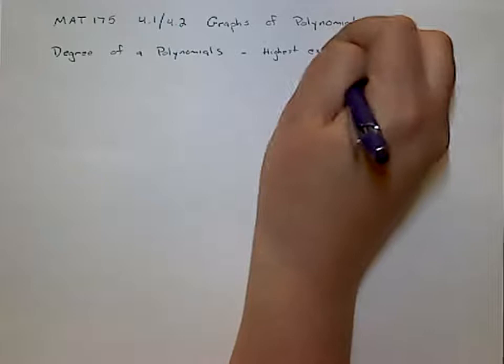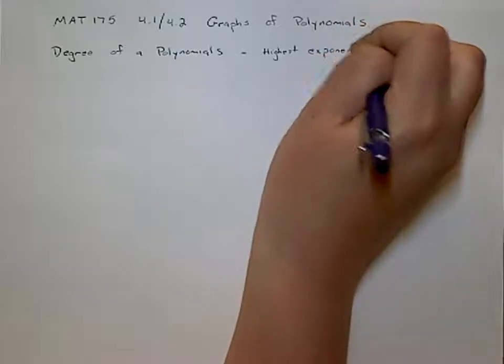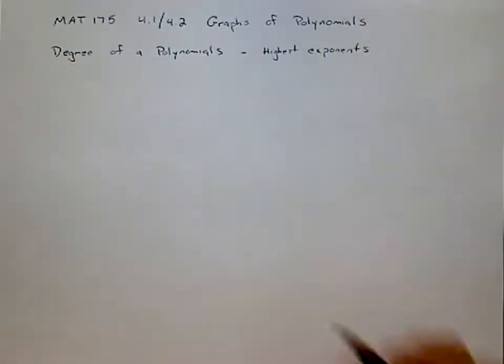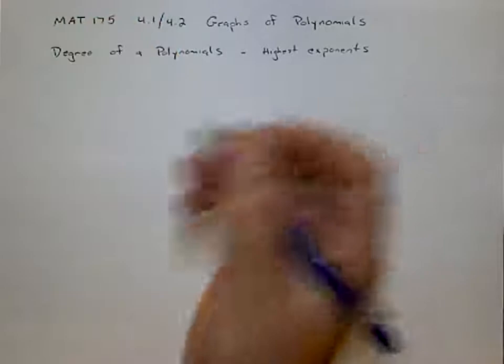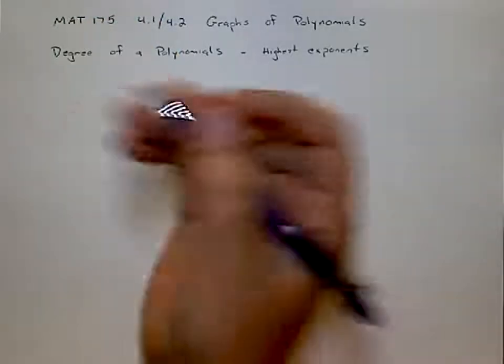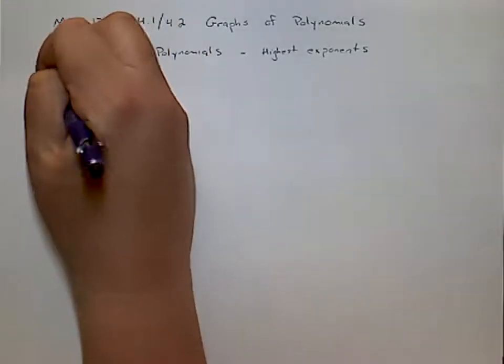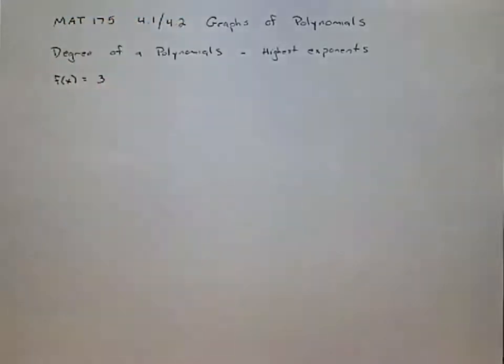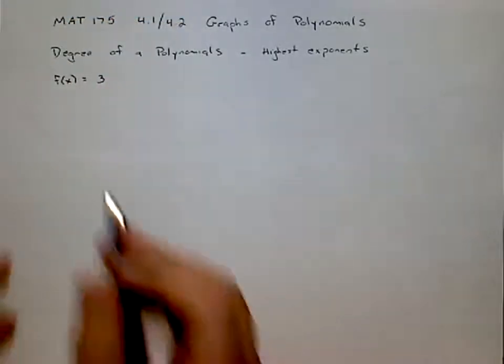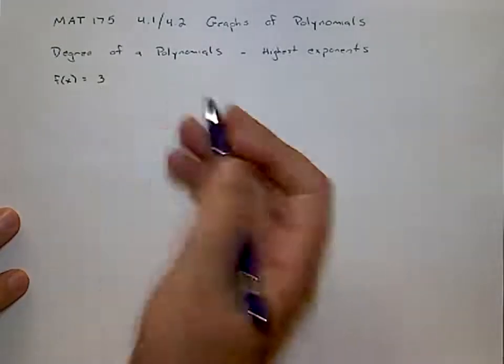Now, what this really means is the degree dictates the shape and a lot of other things about the graph. So for instance, we're going to start with something very basic and work our way up to what you're going to see in this section. We'll start with f of x equals 3.